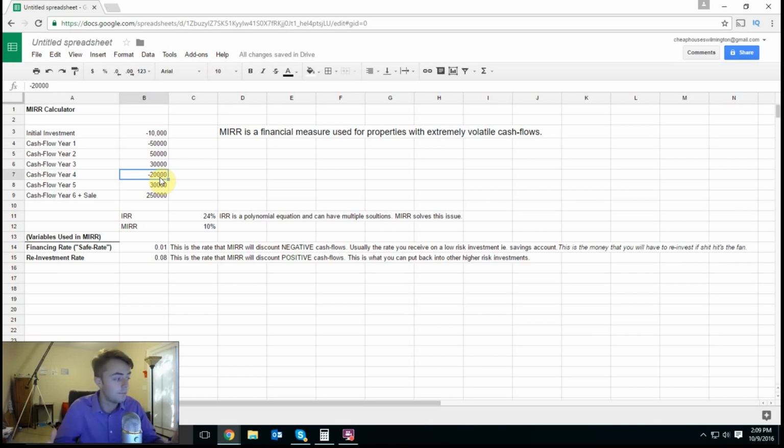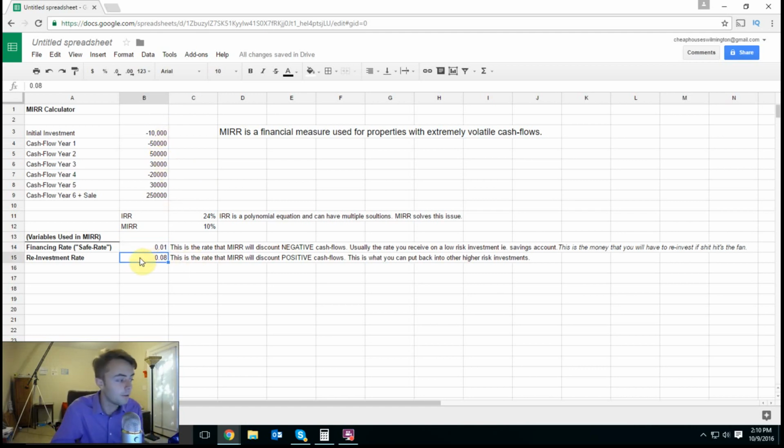So you had to reach back into your savings account. They call it the safe rate because that's the interest you're going to get on that savings account or that very liquid asset. Whatever you would have on your savings account, or whatever you would use to pull out that money, is what you're going to use as the safe rate. So just think about it like that.